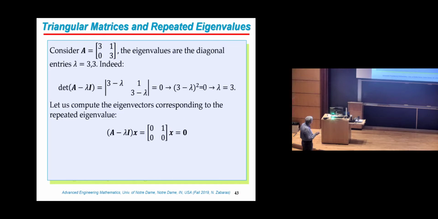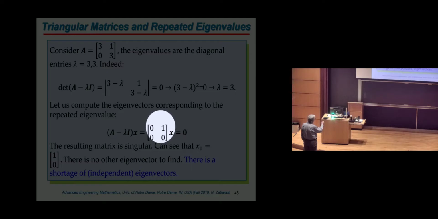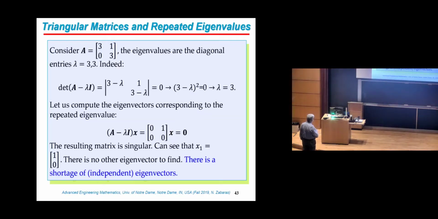If you plug in lambda equal to 3 and look for x's, you're only getting one eigenvector, which you can immediately see from this equation is 1, 0, okay? So we have a shortage of independent eigenvectors.